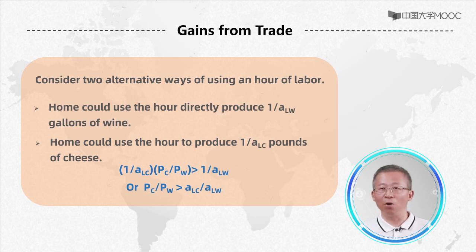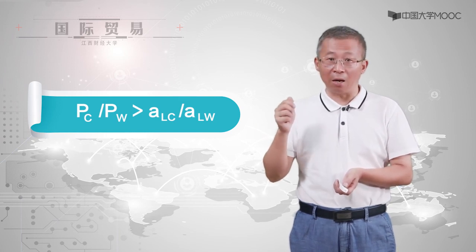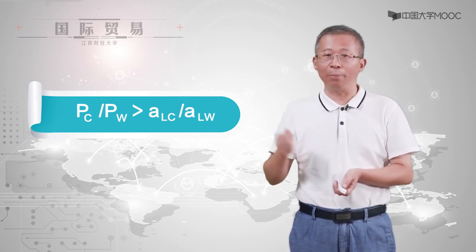This will be more wine than the hour could have produced directly, as long as this inequality holds. But we have no international equilibrium if neither country produces both goods. We must have PC over PW exceed aLC over aLW.